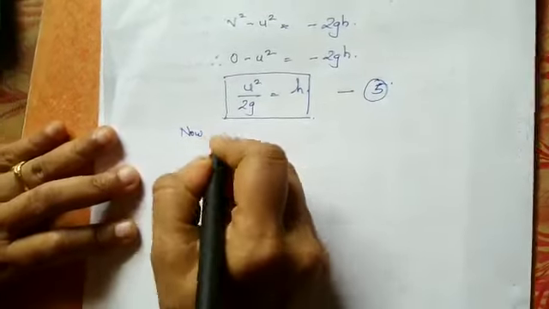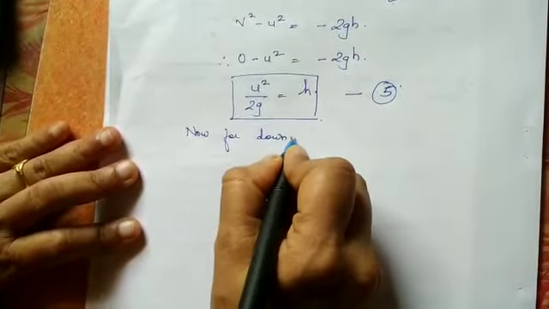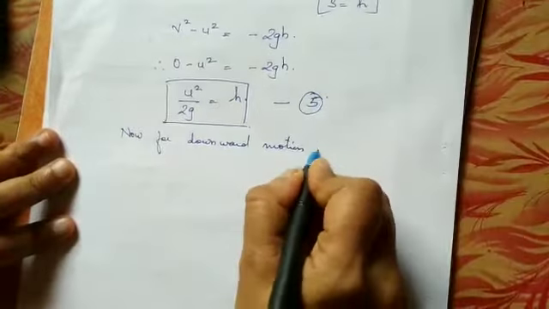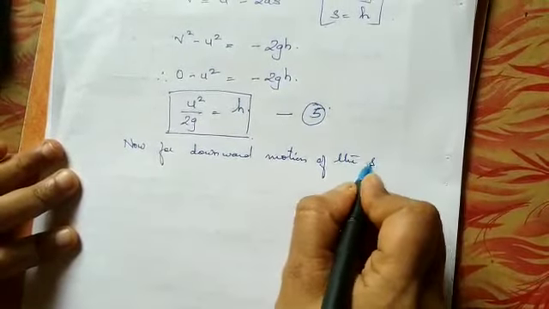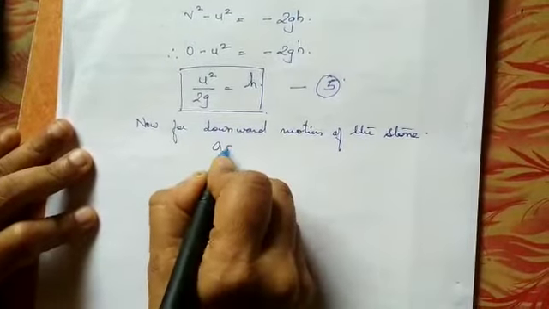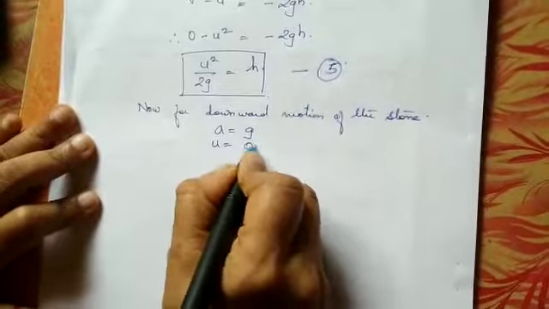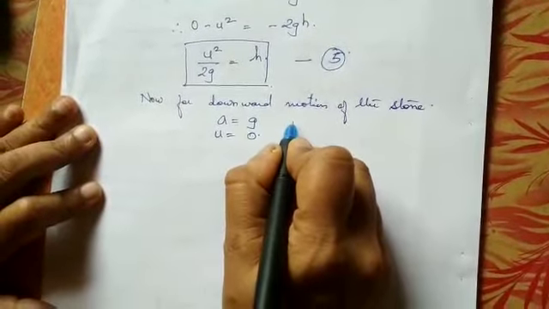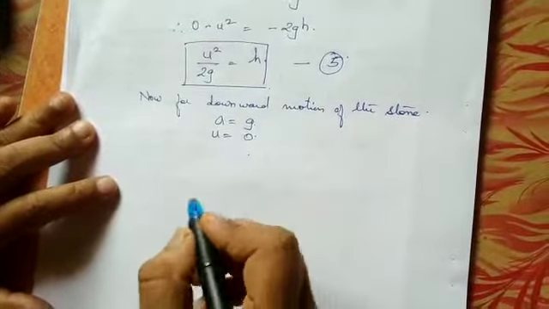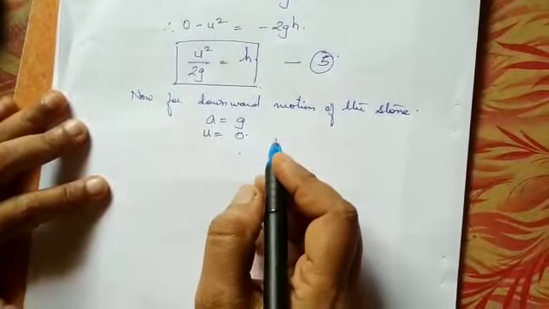Now for the downward motion of the stone, we have got A is G and U is equal to 0. Here G is positive because it is downward movement. U is equal to 0 where it has reached.